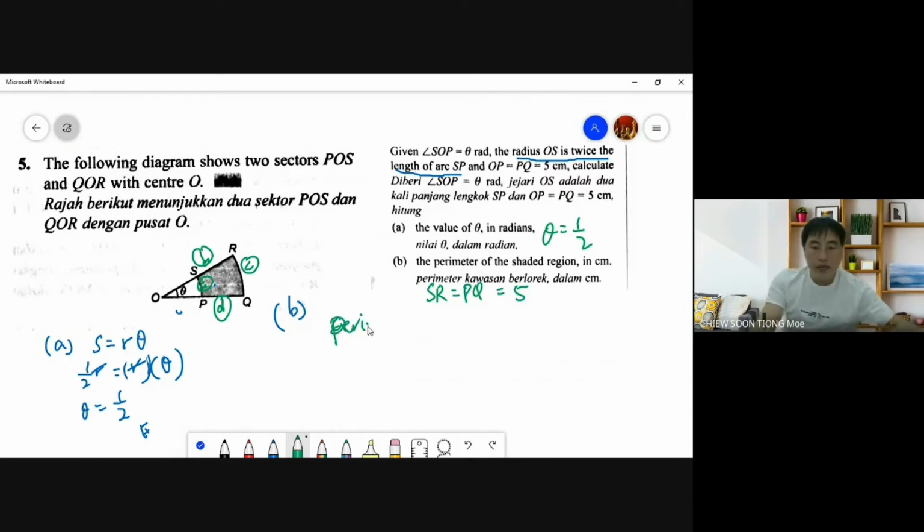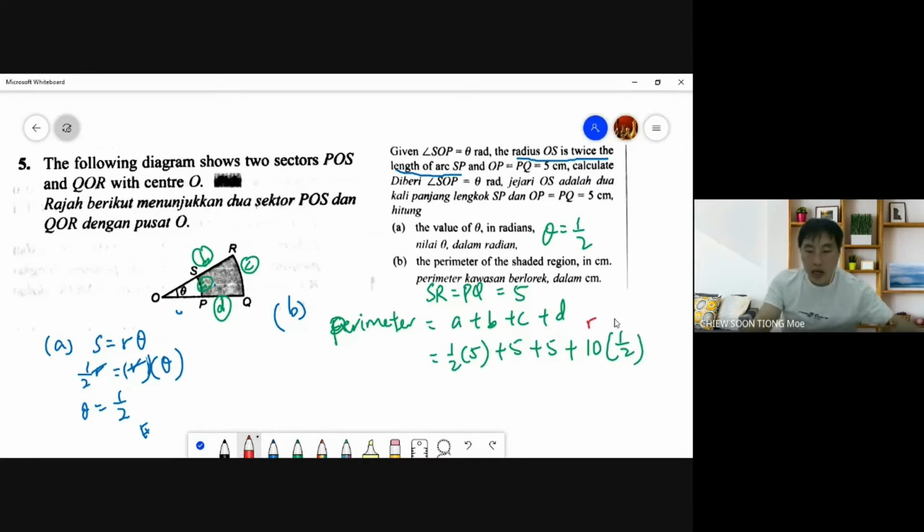Perimeter equals to A plus B plus C plus D. So A is what? A is 2R, sorry, half R. B is what? 5. C is 5. D, okay, D we don't know, but we know it is R theta.